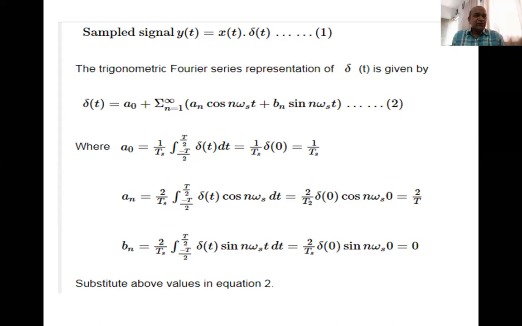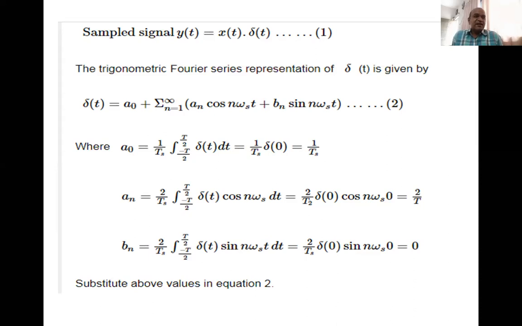If you solve it, you will get delta of 0, and the value of delta 0 is nothing but 1. So if you put delta 0 equal to 1, you will get 1 by Ts.